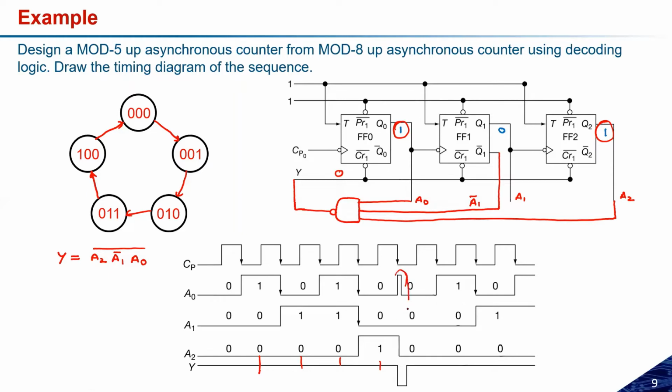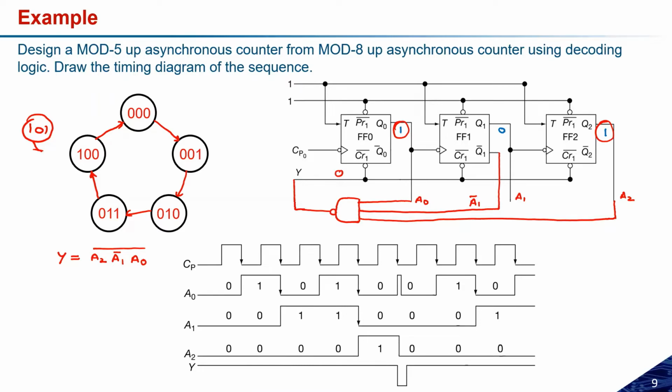Again, I just told you how: it will wait for 101, and once this is reached, it will clear. So for some instant of time, this 101 will also be in existence for some period of time. That may also be required for this purpose. So this is how the timing diagram will look.